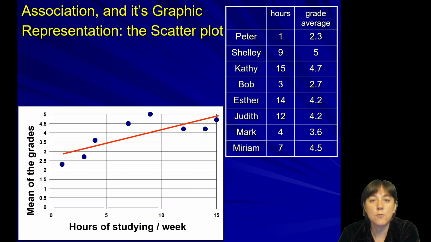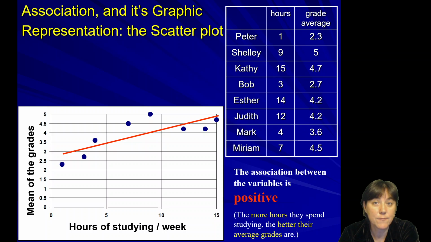So please conclude this relationship. We can see a trend, we see a relationship, and it's positive. And now comes the human sentence, which is very important in concluding the results. The more hours they spend studying, the better their average grades are.